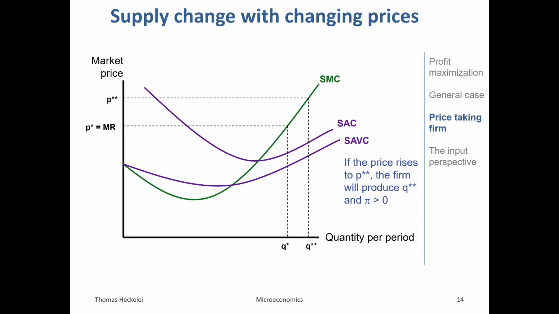So in that case, of course, profit would increase further, not only by the price increase, but also by the quantity increase. So if price increases, the extra profit will for sure be positive.